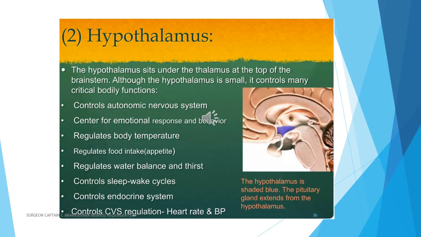Hypothalamus, the master regulator of homeostasis. Now we turn to the hypothalamus, a compact but powerful structure located beneath the thalamus, forming the floor of the third ventricle and extending toward the pituitary gland.